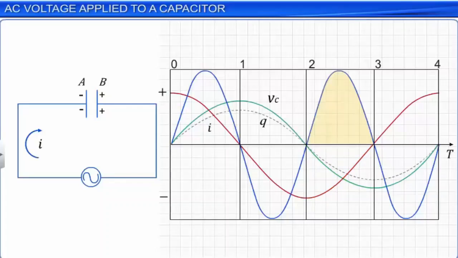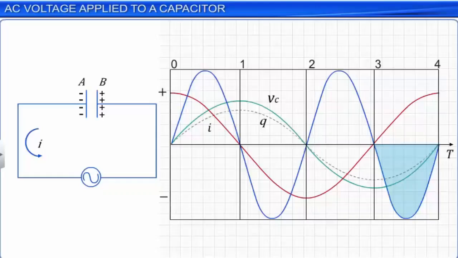In the last time interval 3 to 4, the direction of current again reverses at 3. Thus, the charge begins to deplete from the capacitor plates, thereby reducing the effective voltage across the two plates. The voltage finally becomes 0 at 4. As the voltage is negative while the current has become positive, it means that the power is negative.